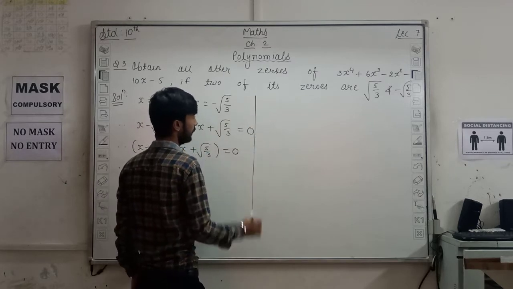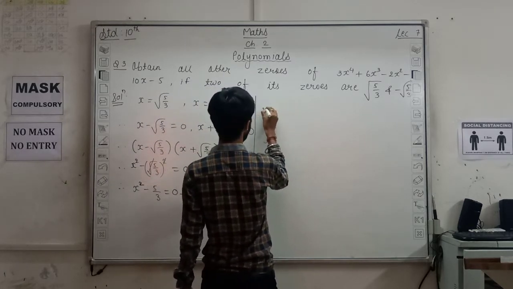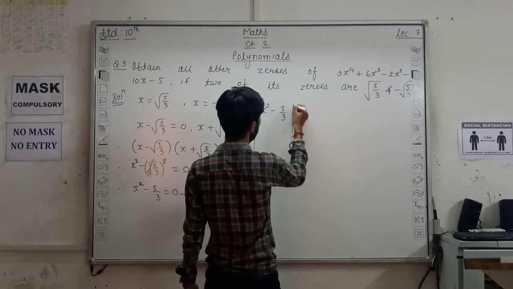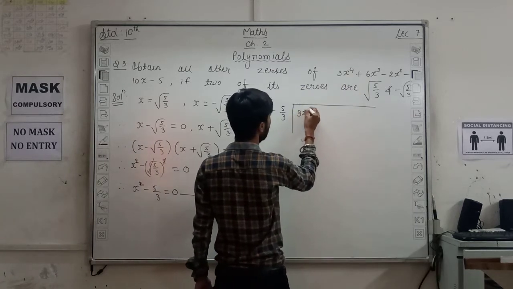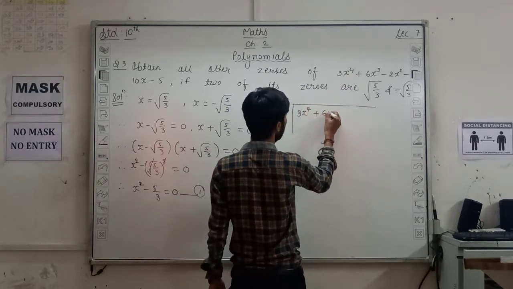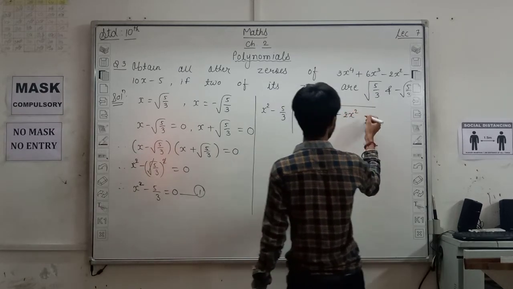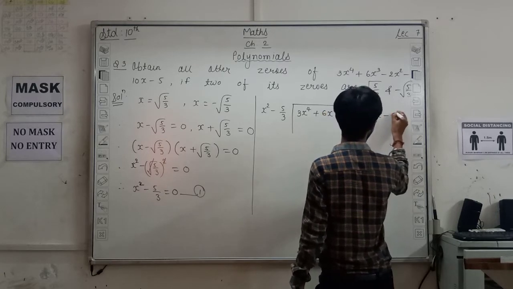So for the second polynomial, divide x² minus 5 by 3 into 3x⁴ plus 6x³ minus 2x² minus 10x minus 5.